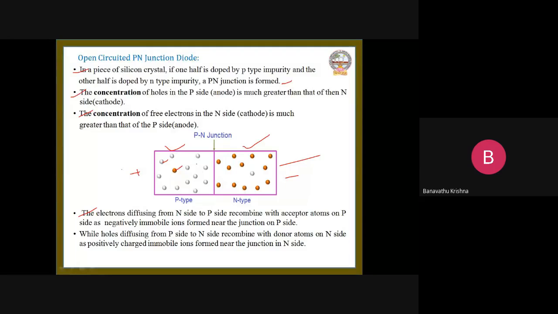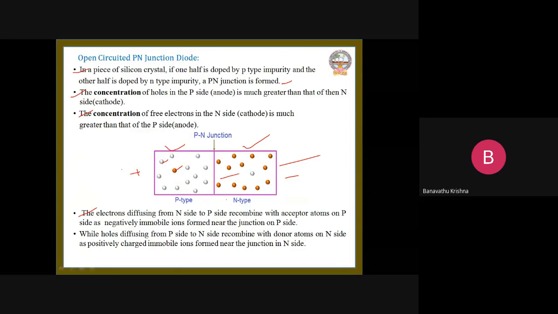The hole concentration is more in the P side compared to the N side, so these holes move towards the N side. Similarly, the electrons are more in the N side compared to the P side, so the majority charge particle electrons move towards the P side.